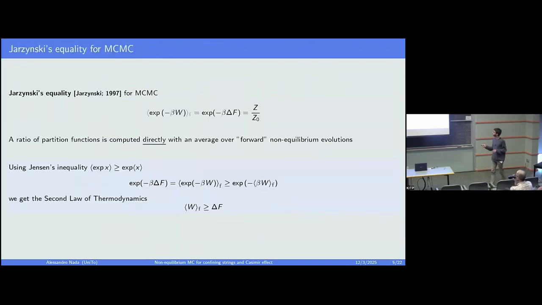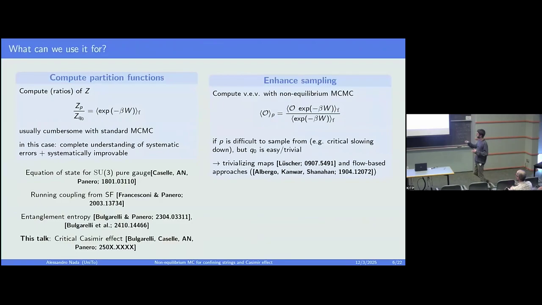And if you do that, you can actually rework this in a different way of sampling the target distribution. Okay, and this is very close to the idea of the trivializing maps by Lüscher, and also by the flow-based approaches, which have been quite popular in the lattice community in the last 5 years.